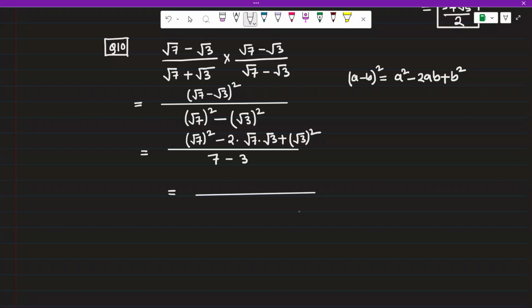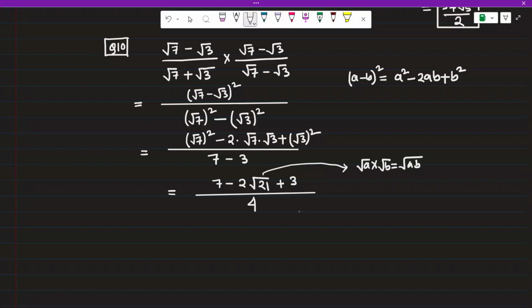So 7 − 2√(7 times 3), which is √21, plus 3, divided by 4. We use the property √a times √b equals √(ab) here.